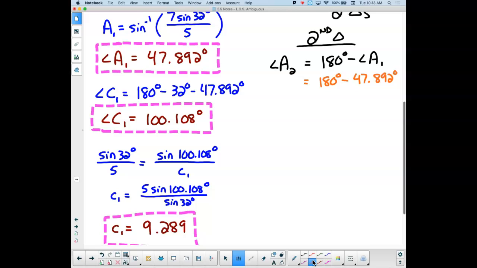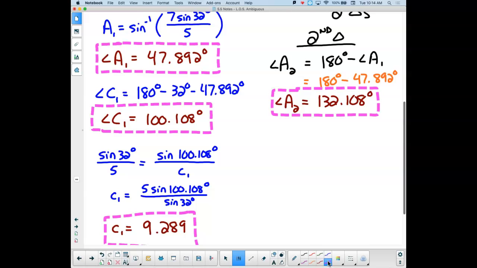So angle A sub 2 is going to be 132.108 degrees. All the other math is done the same, just now you got to tweak that one angle.